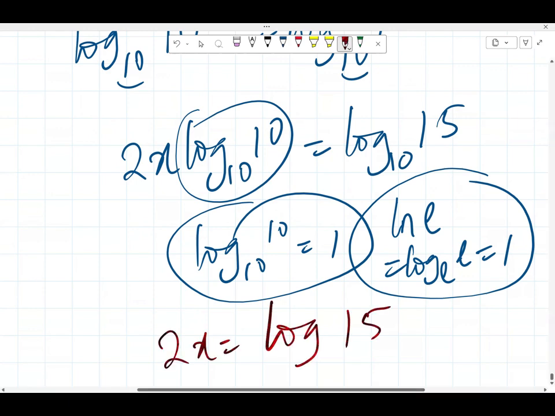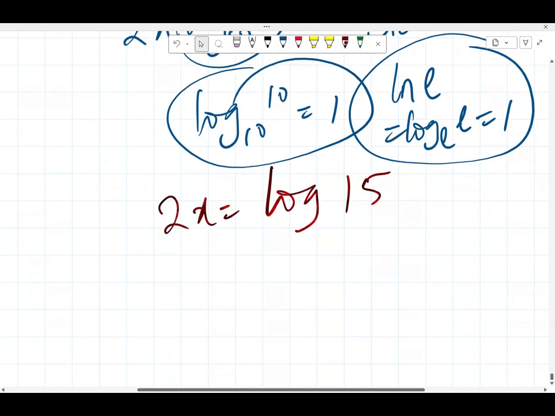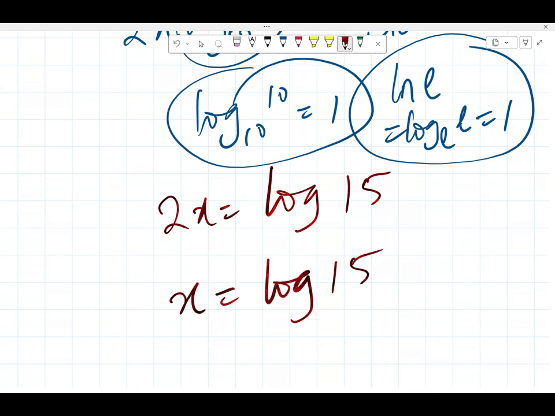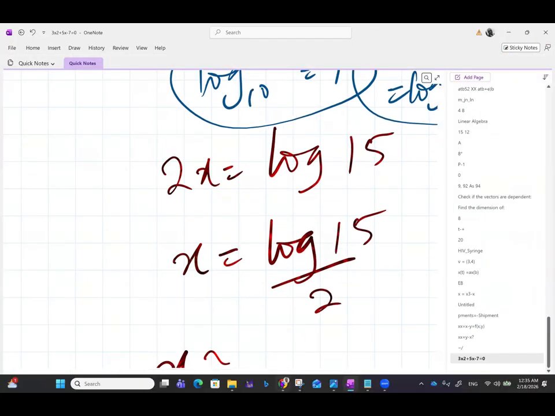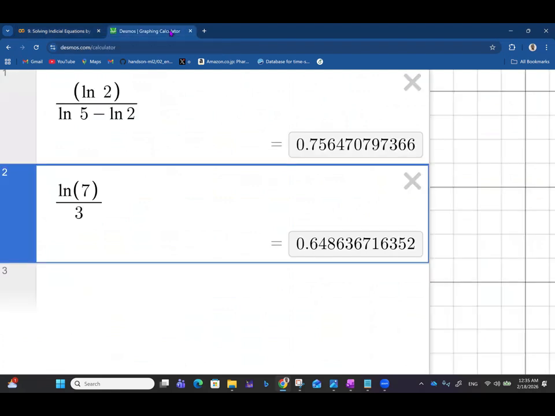I'm not putting the 10 because once you see log like this, it's common log, which is log to base 10. So x now is log 15 divided by 2. We are getting ahead of ourselves because we're still going to talk about log later.